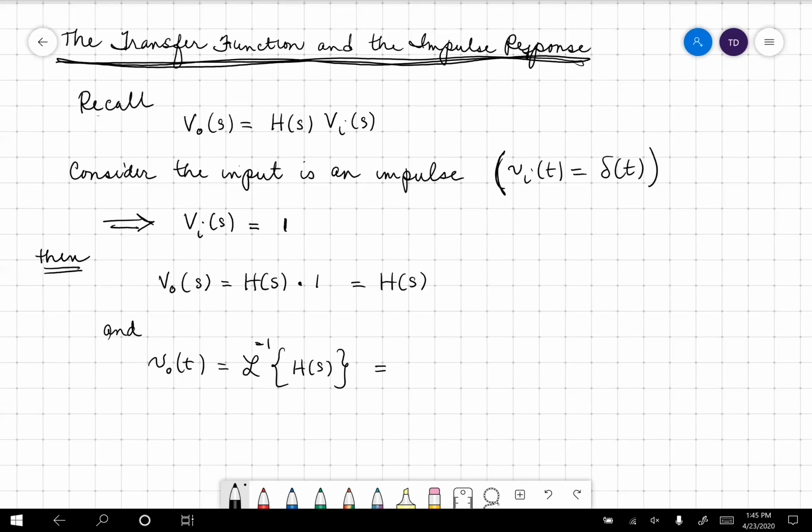What would we call this? Laplace inverse of H of S? What would we normally call that? Here, let me help first. VO of T is the Laplace inverse of VO of S, but that's the Laplace inverse of H of S. With the notation we've been using, what would we call that?